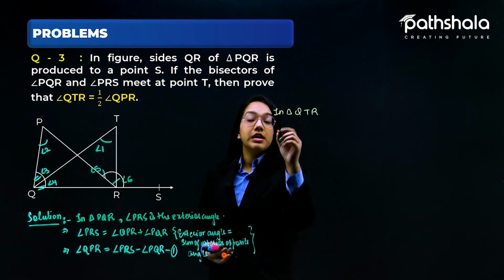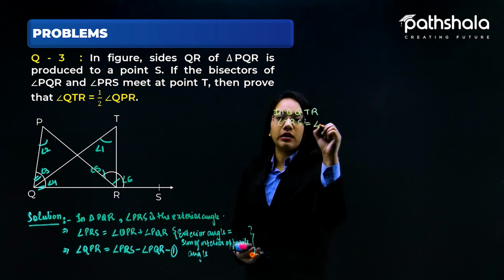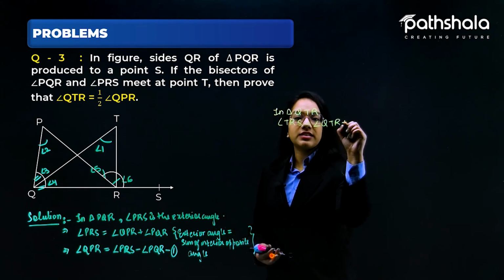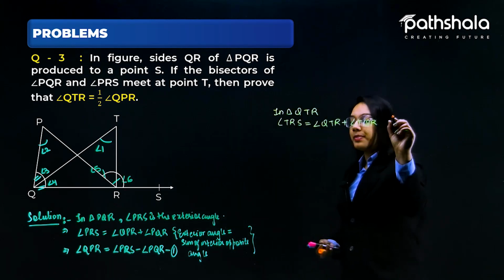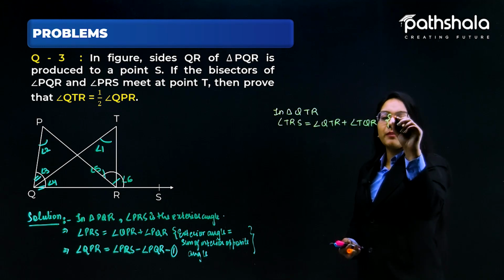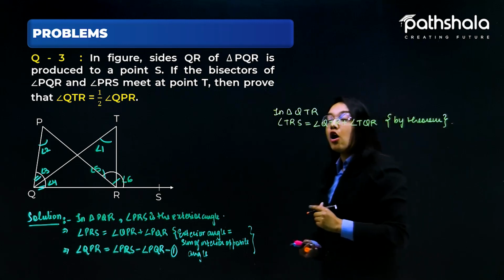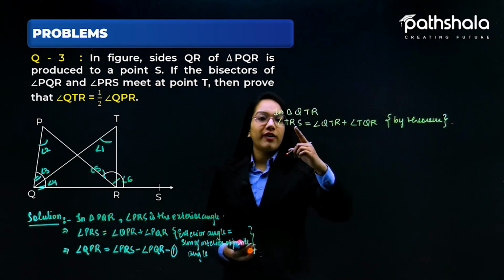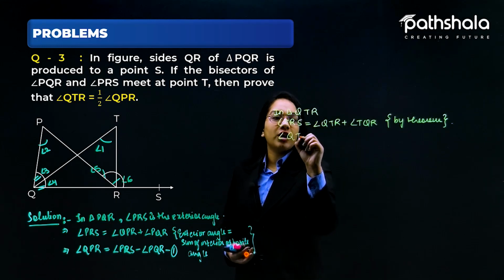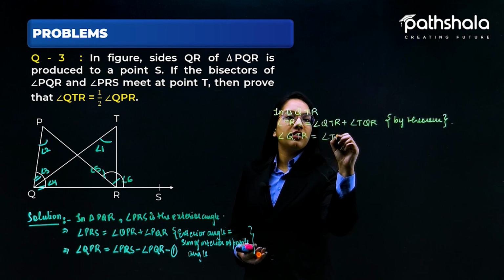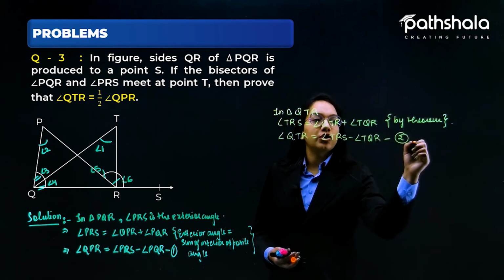So the angle TRS is equal to the angle QTR plus the angle TQR, again by the same theorem that the exterior angle is equal to the sum of the interior opposite angles. Furthermore, we can find the value of QTR, which is equal to angle TRS minus angle TQR. Let us call this equation number 2.